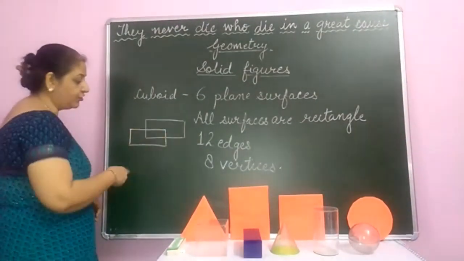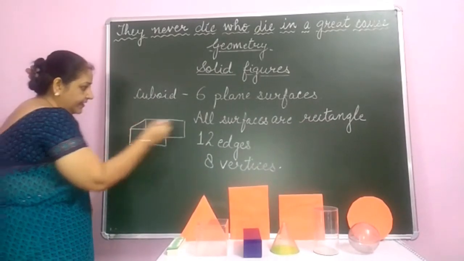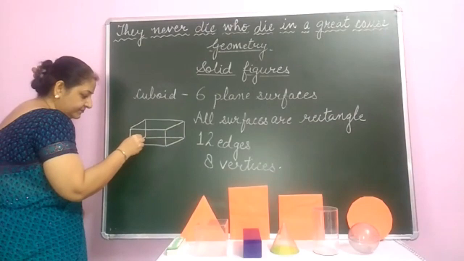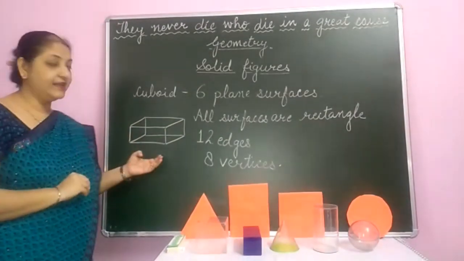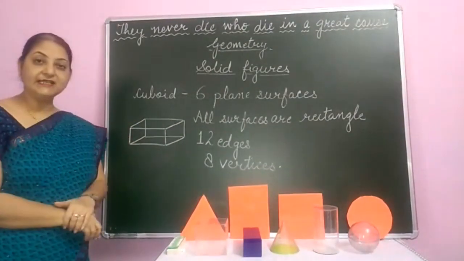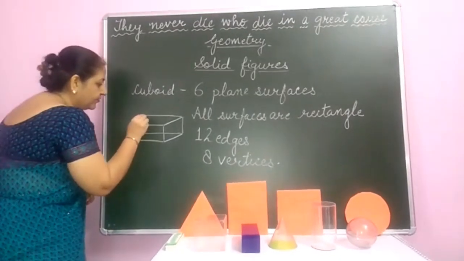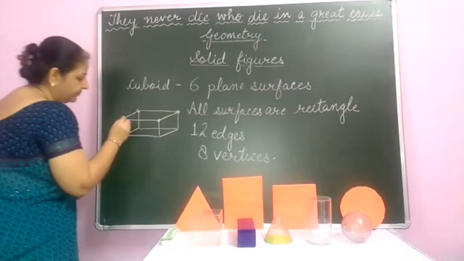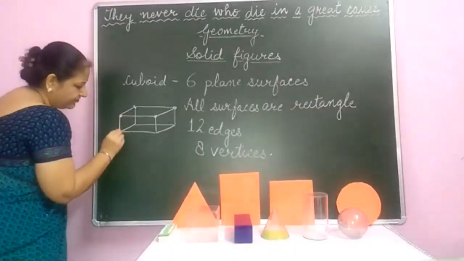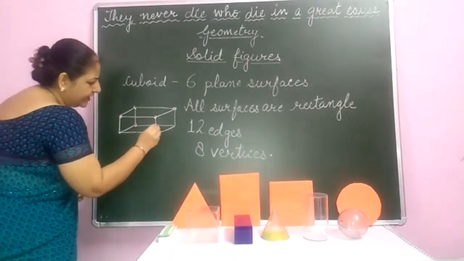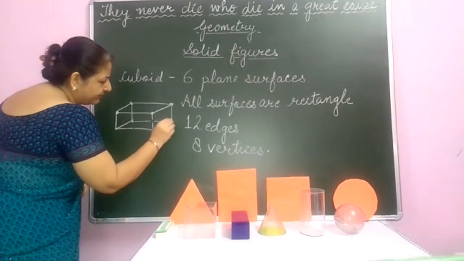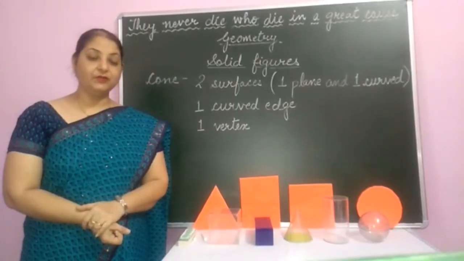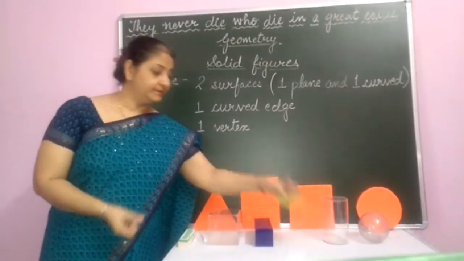Now join the corners. 9, 10, 11, 12. So we get 12 edges. In this figure, see the vertices also. 1, 2, 3, 4, 5, 6, 7 and 8.